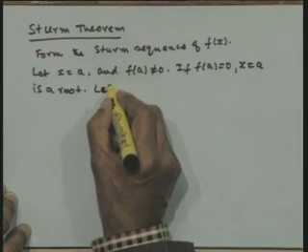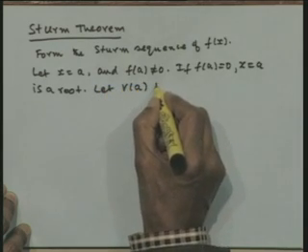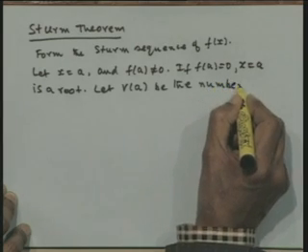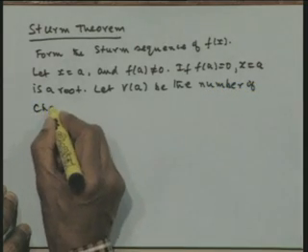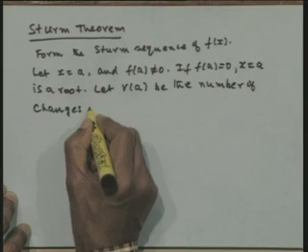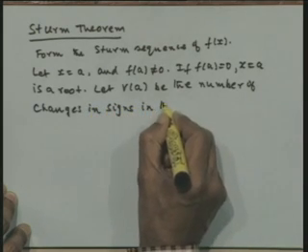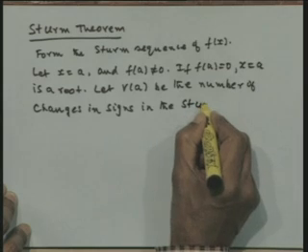Now we will say let V of a be the number of changes in signs in this Sturm sequence.